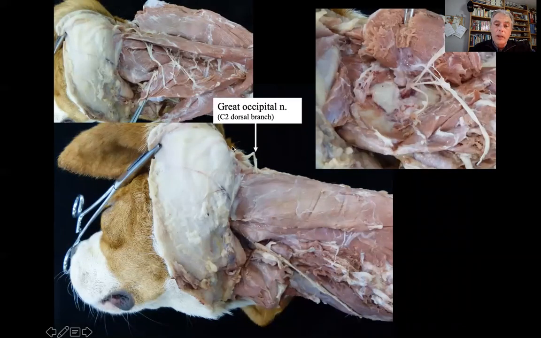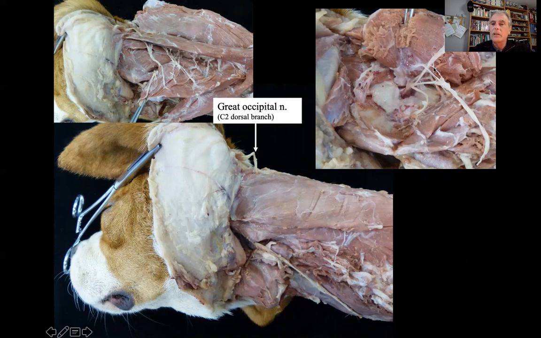The occipital region is innervated by another branch of the second cervical spinal nerve, that is the great occipital nerve. This nerve, as you see, is exiting between the atlas and the axis, and this is the only region where the spinal ganglion is located somehow out of the vertebral canal, or just at the foramen.